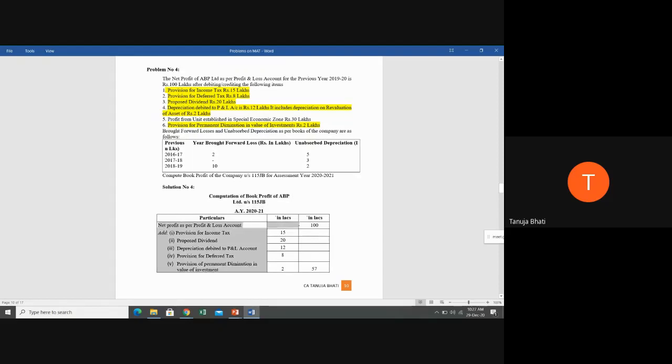Always start with the net profit as per the P&L account, 100 lakh. To that you add all these items: provision for income tax, proposed dividend, depreciation debited to the P&L account, which also includes depreciation on revaluation of asset, provision for deferred tax, and provision for permanent diminution in the value of asset. We have discussed all that.